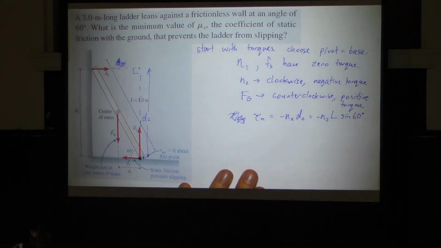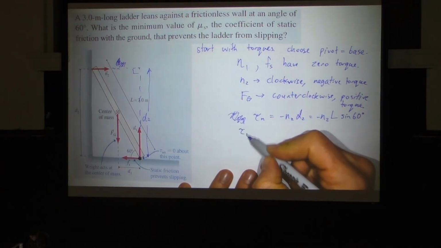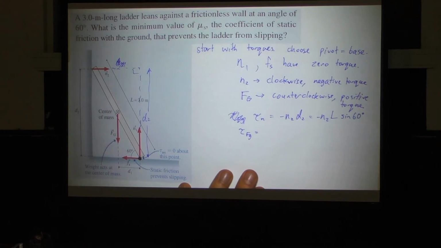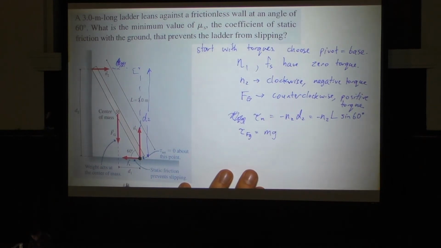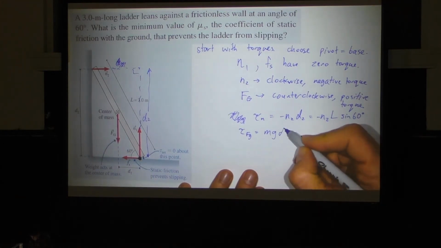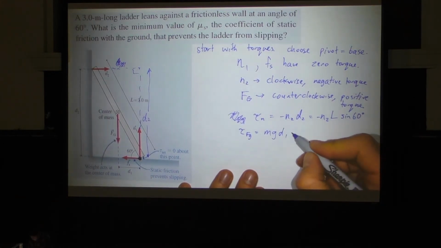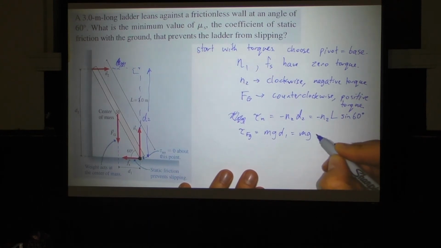And then the torque due to the gravity force is going to be m times g times, I'll use d1 here. This is the distance between the force line for gravity and the pivot. And it's going to be mg times L over 2, since it's a uniform ladder, the center of mass is halfway, and now there's going to be a cosine 60.